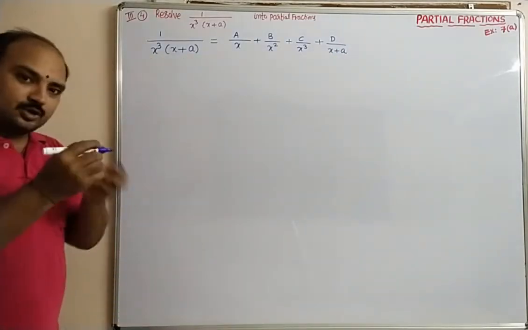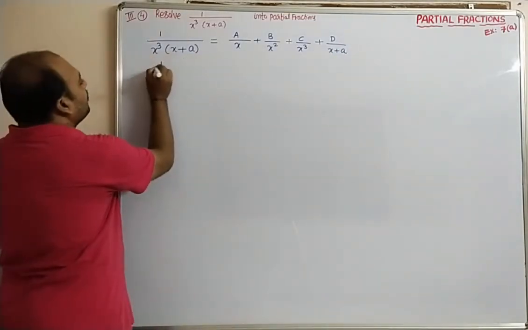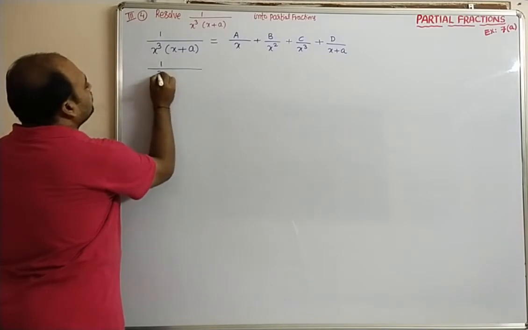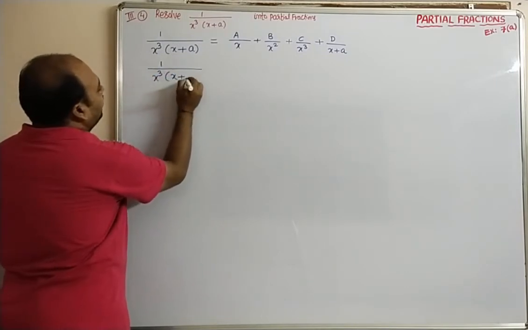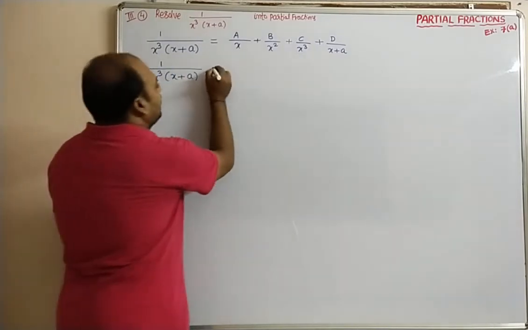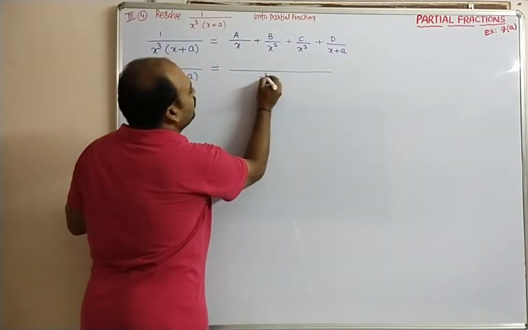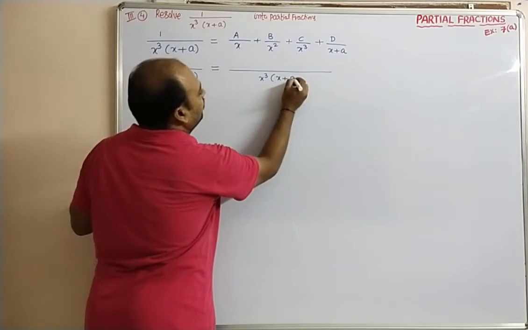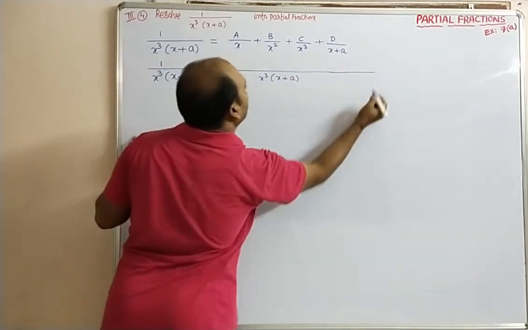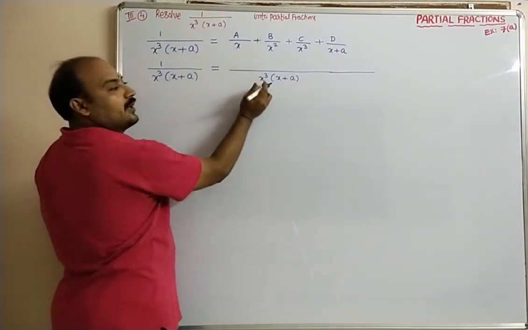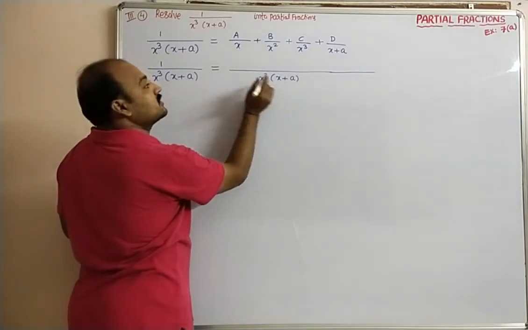So after that, as usual procedure, 1 by x cube into x plus a is equal to A by x plus B by x square plus C by x cube plus D by x plus a. Multiplying through by x cube into x plus a, here x cancels, here x square into x plus a is there.